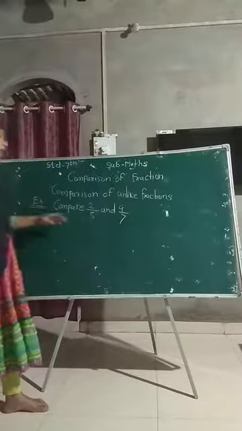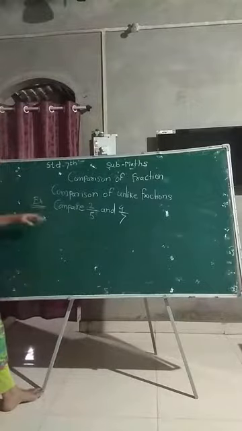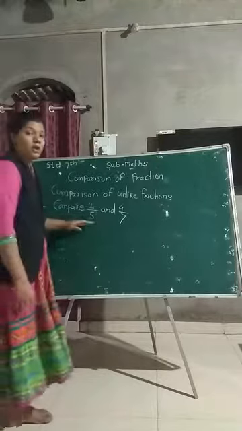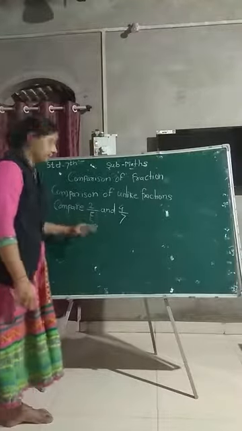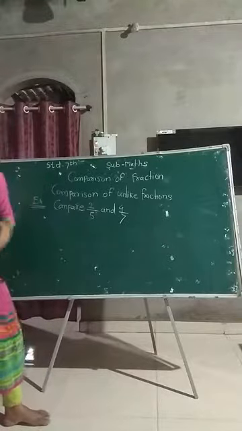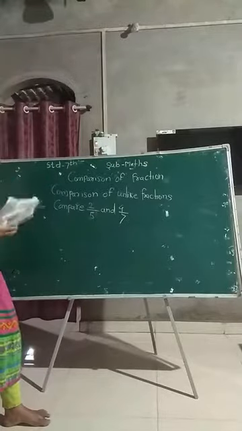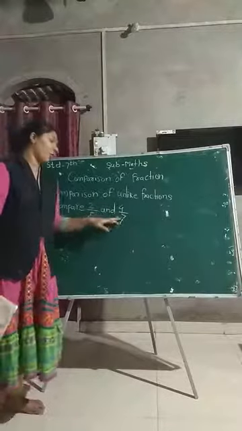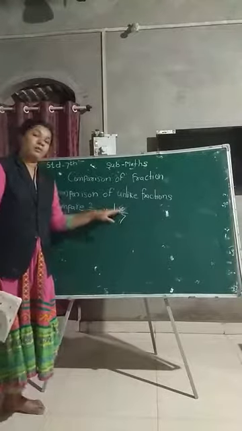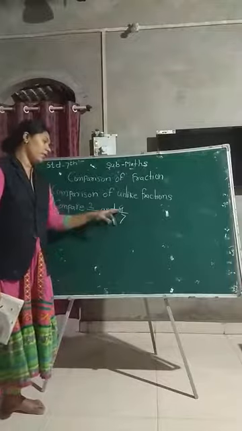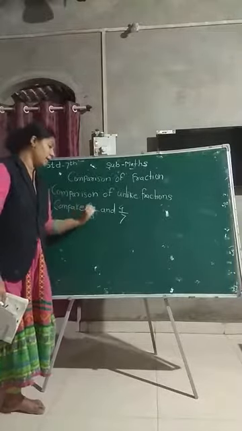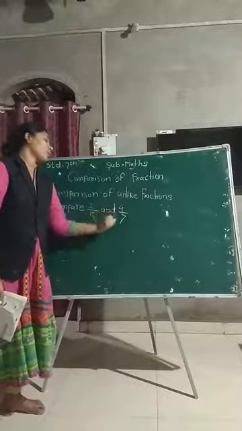So, to decide which number is greater and which is smaller, firstly we make their denominators the same. To make their denominators the same, multiply 2/5 by 7 and multiply 4/7 by 5.